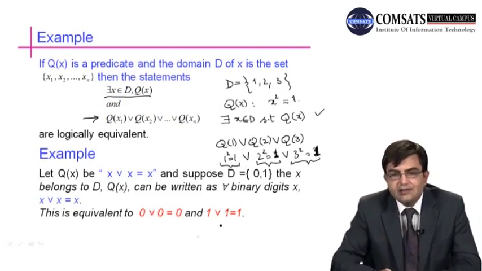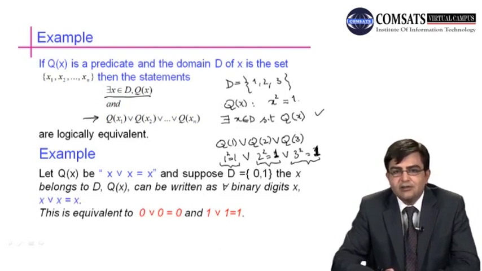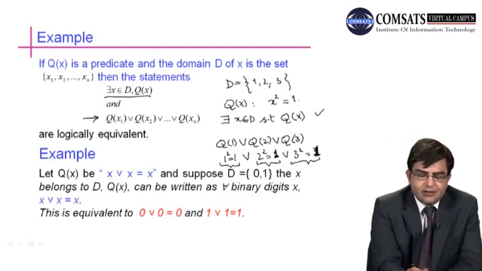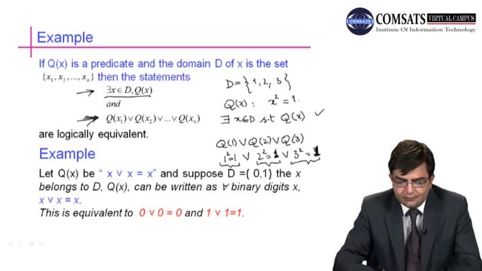Even then, the disjunction operator is between these propositions. If one proposition is true, then the disjunction of two or more propositions will be true. So these two statements are logically equivalent.